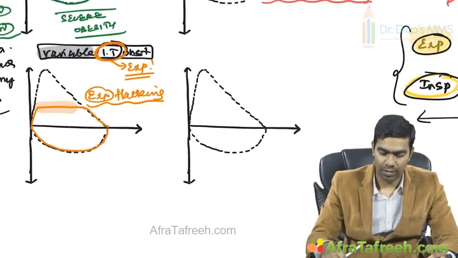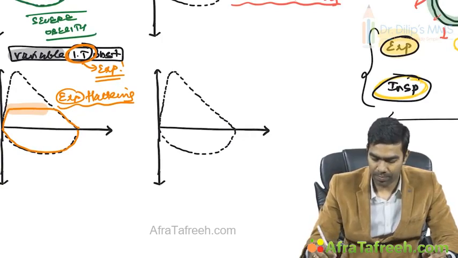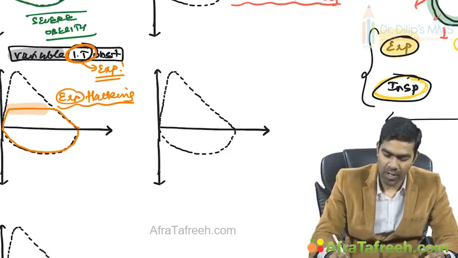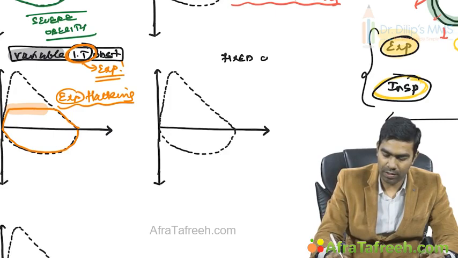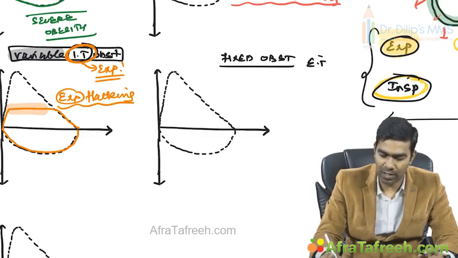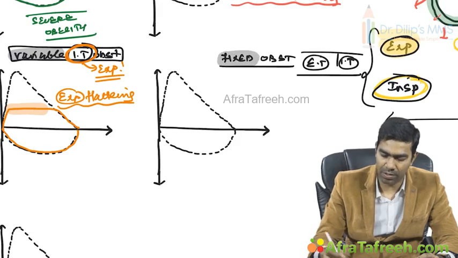Clear? Now, let us assume, I will duplicate because I want to tell one more thing. I will put it separately. Now, let us assume it's a fixed obstruction, which means it could be either extrathoracic or intrathoracic. It doesn't matter. Fixed obstruction means it's a severe obstruction.